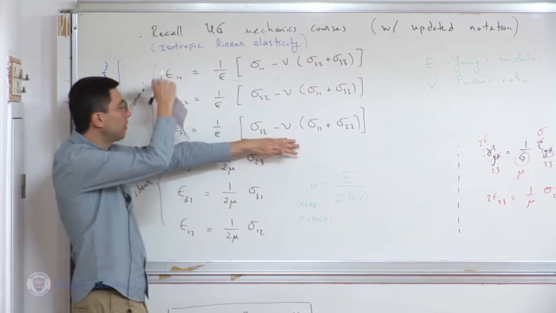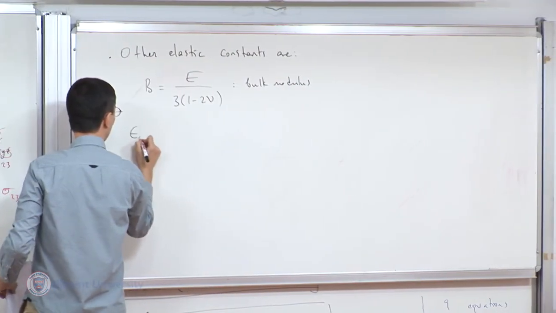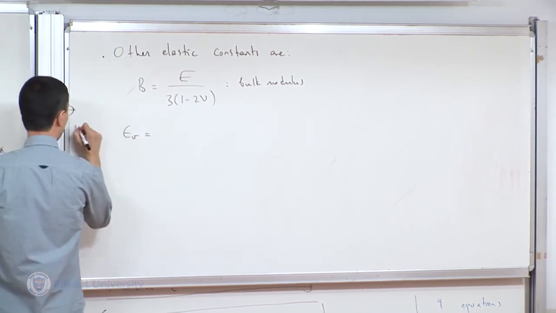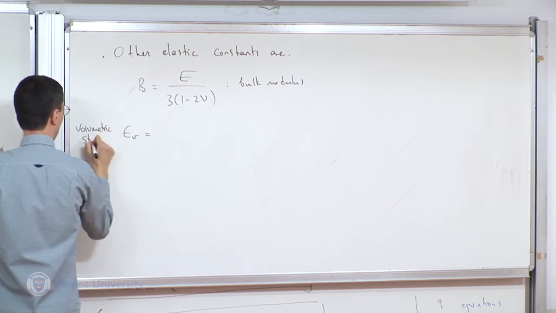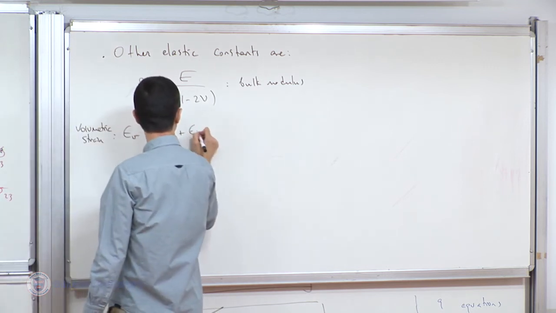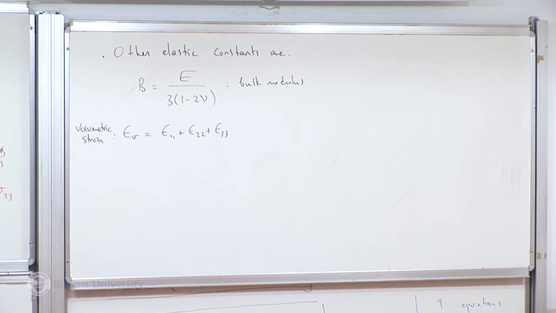So I sum the left-hand side, and I have a quantity which we defined as epsilon v, the volumetric strain. So that's epsilon 1,1 plus epsilon 2,2 plus epsilon 3,3. Now, that's the left-hand side.